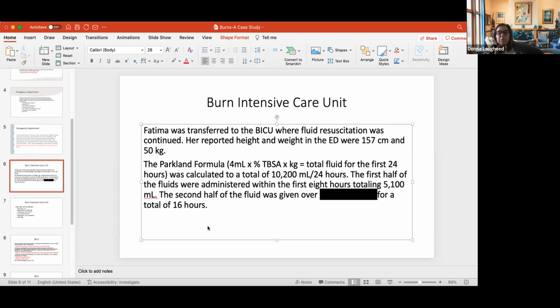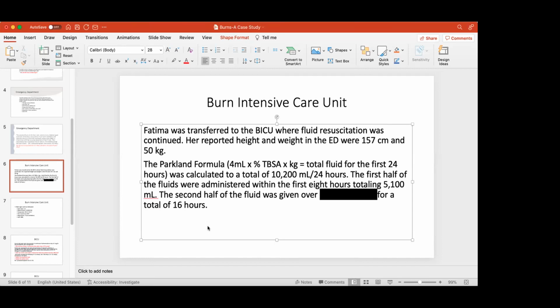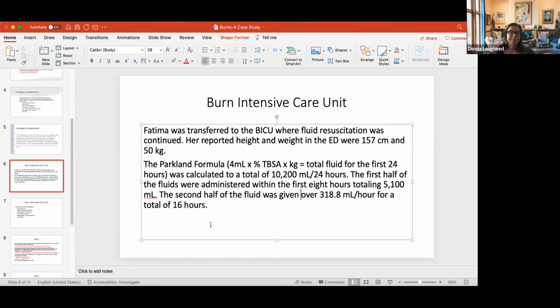So I gave 5,100 in the first 8, and now I have to give another 5,100 in the next 16. So how do I figure out what I'm going to set my pump at? 318.8 ml per hour. Exactly right. Good.